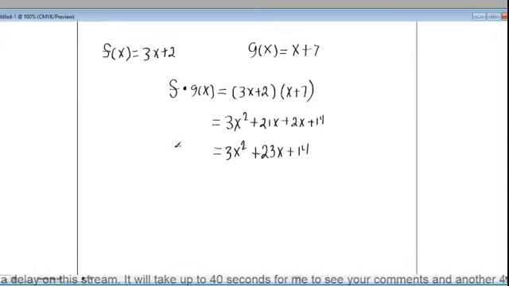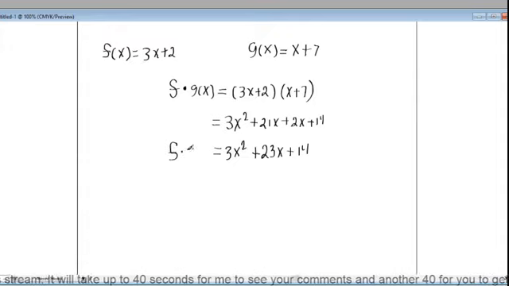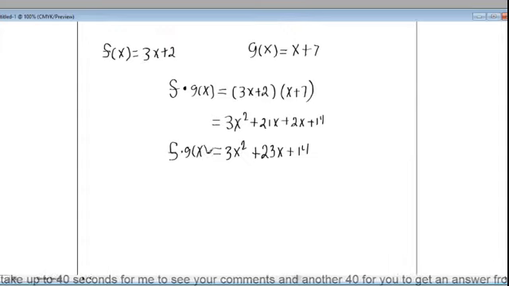Okay. So f times g of x equals 3x squared plus 23x plus 14. There's our new function. So let's try plugging something in. Let's do, I don't know, -1.